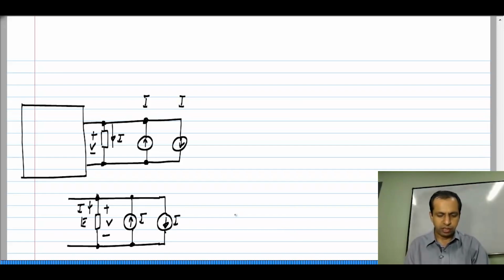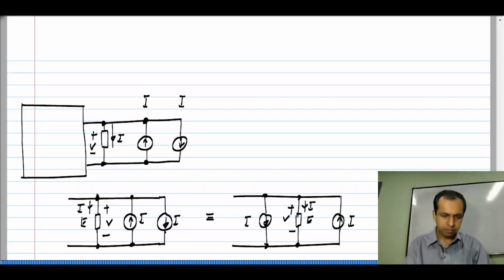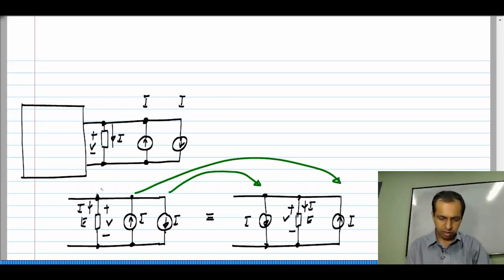Obviously, this is a parallel connection, and it does not matter the order in which I show the parallel elements, because this is exactly equivalent to the element E with a voltage across it and a current I through it, and a current of value I. All I have done is I have moved this here and I have moved this over there and I have moved this over there.